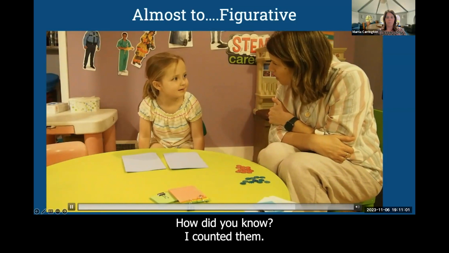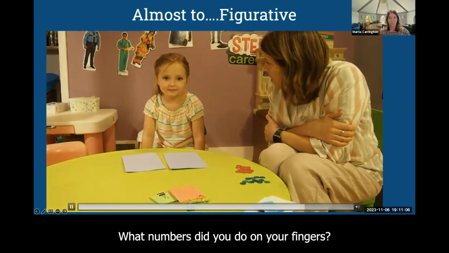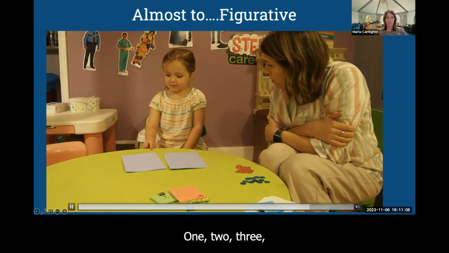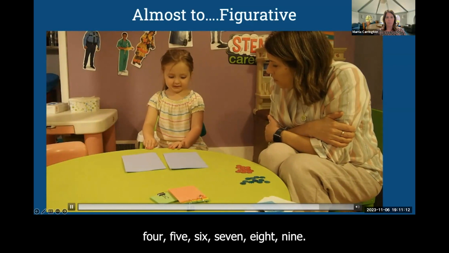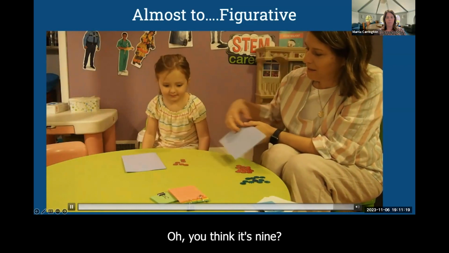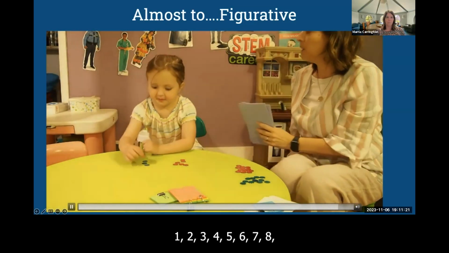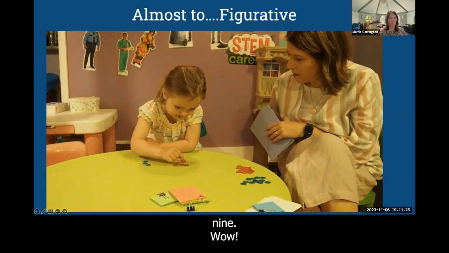How did you know? I count the numbers. Okay, what numbers did you do on your fingers? 1, 2, 3, 4, 5, 6, 7, 8, 9. Oh, you think it's 9? Go ahead and count and see. 1, 2, 3, 4, 5, 6, 7, 8, 9. Wow.